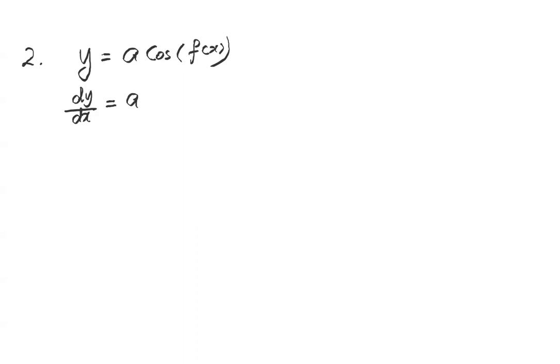You differentiate cos, you get negative sin. Open bracket, write down the angle, close, times by the derivative of the angle. So that is the formula.